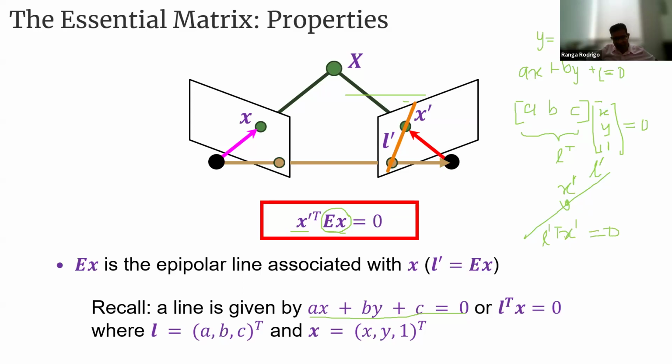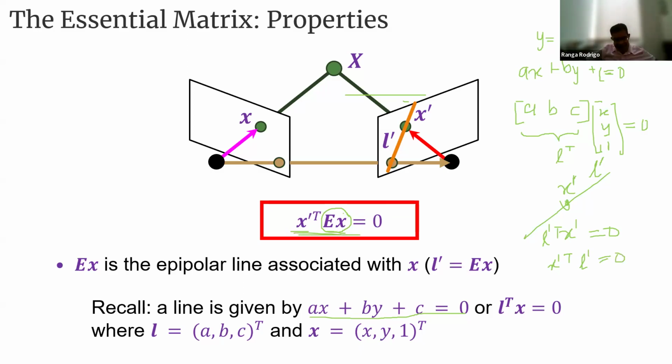Of course, because transpose you can interchange, I can write x prime transpose L prime is also equal to 0. Both are okay.